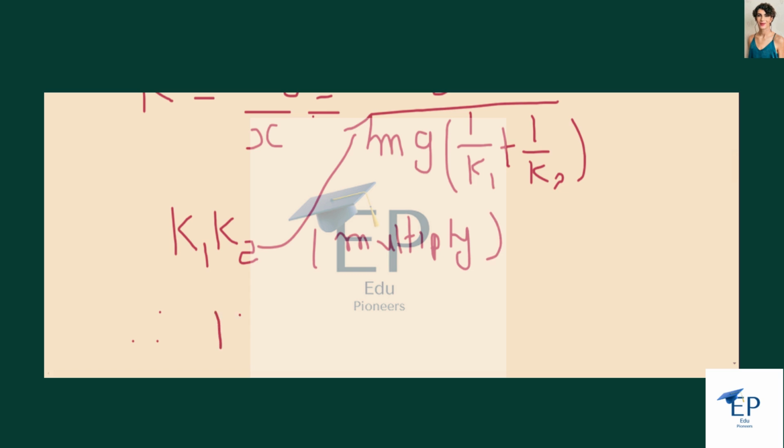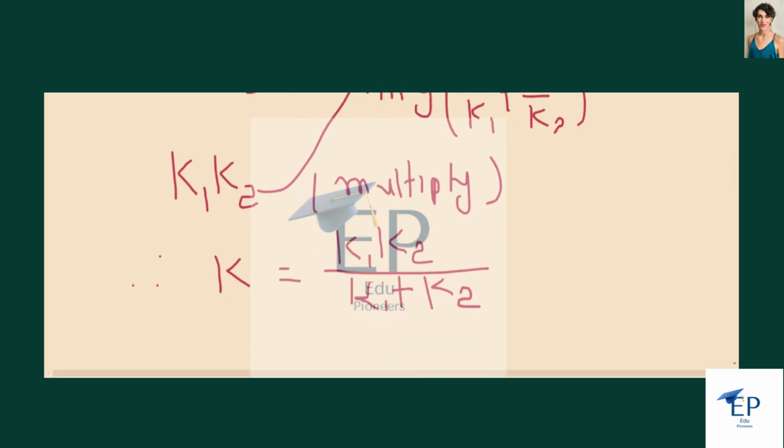So finally, I will have k is equal to k1 into k2 upon k1 plus k2. The final answer.